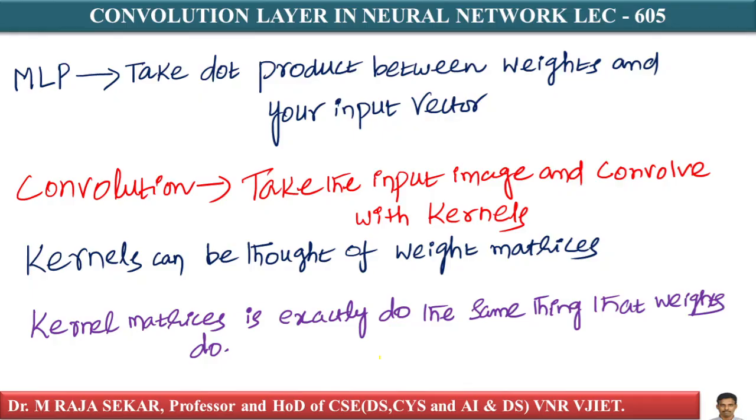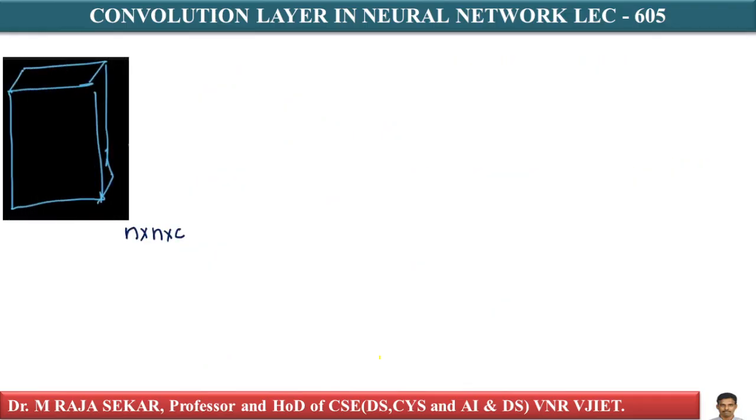The way we design one layer in a convolutional neural network is like this. Let's assume I have an input image, a color image, of size n cross n cross C, where C means channels.